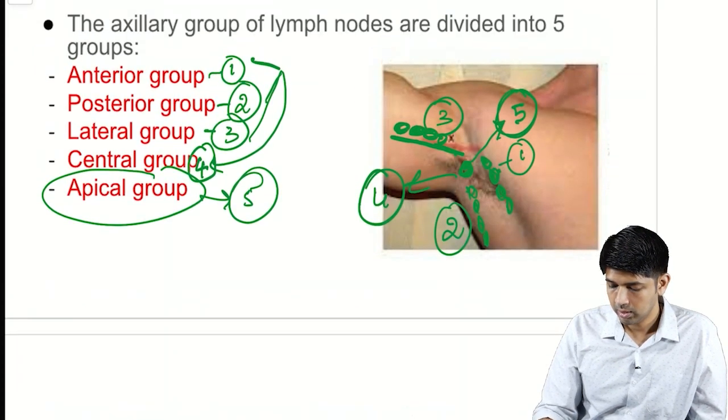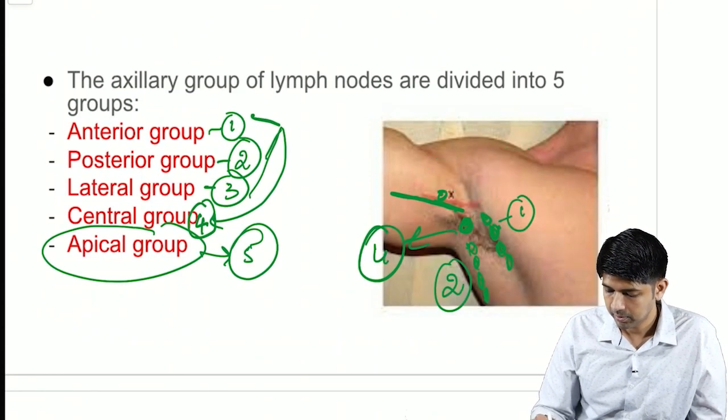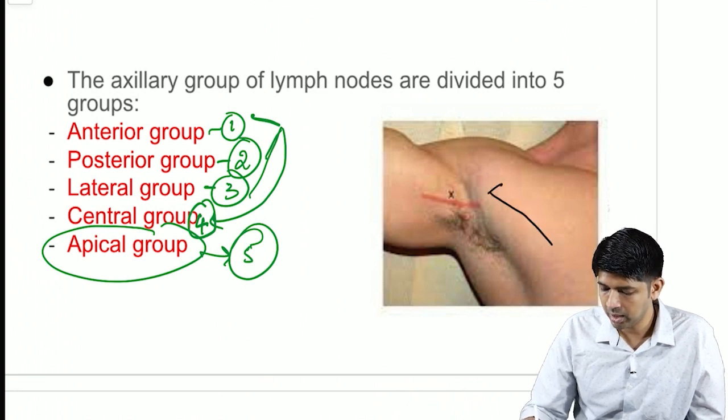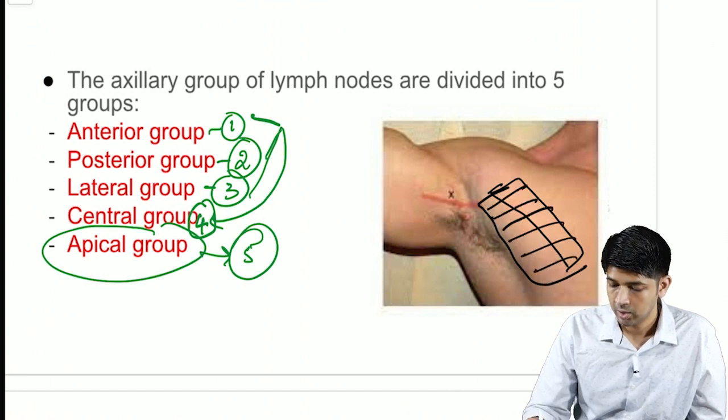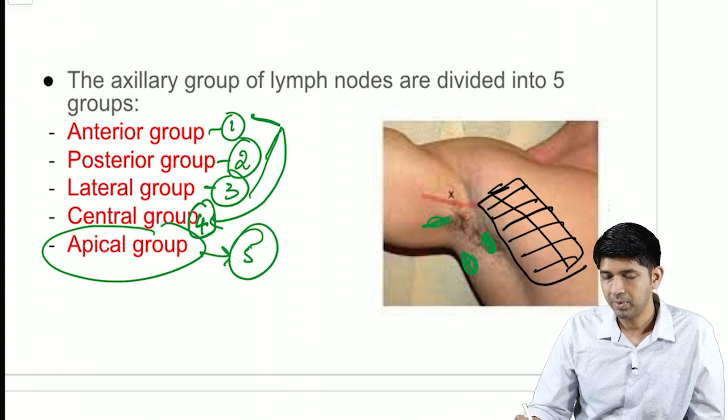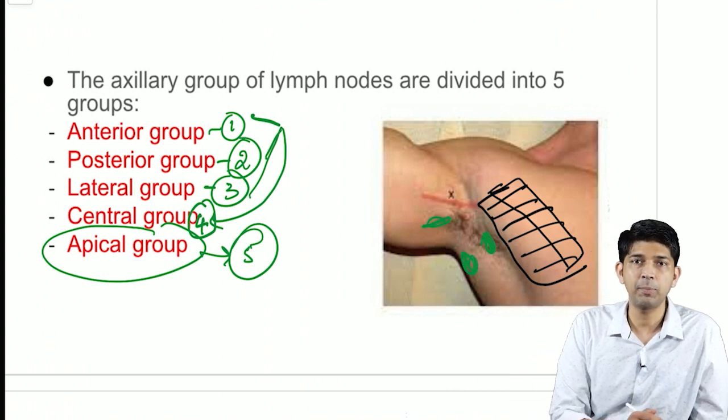So now, let's look at this again. So roughly the pectoralis minor is situated somewhere here, alright, in this region, just behind the pectoralis major. So your anterior, your posterior and lateral are below and lateral to the pectoralis minor.